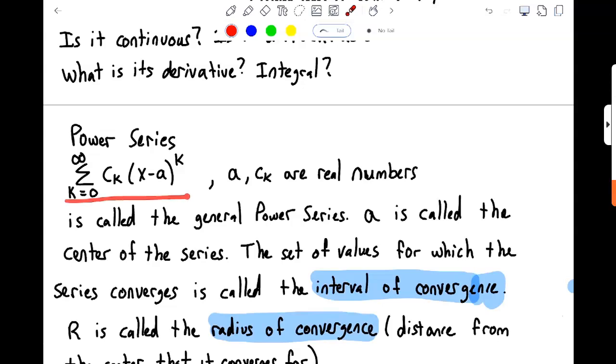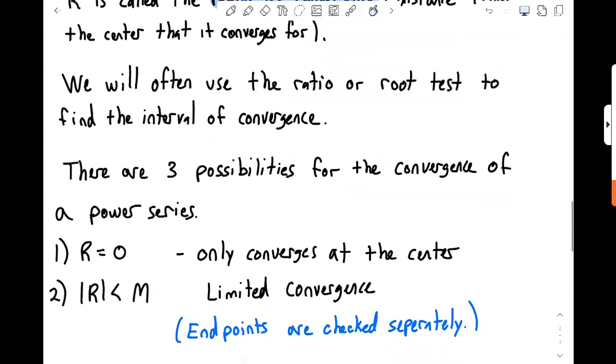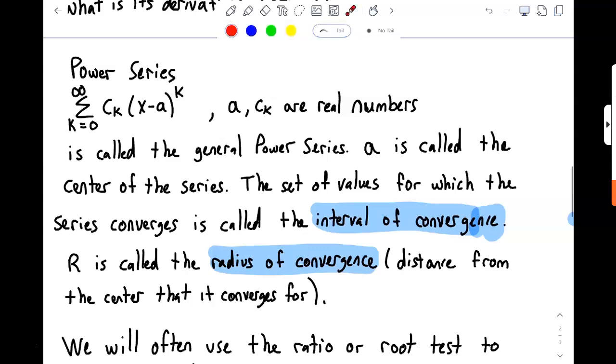That's not going to work. And what are we going to compare it to? So the comparison test falls flat as well. Those are the two main tests that we have at our disposal that we can use to involve some infinite polynomial.